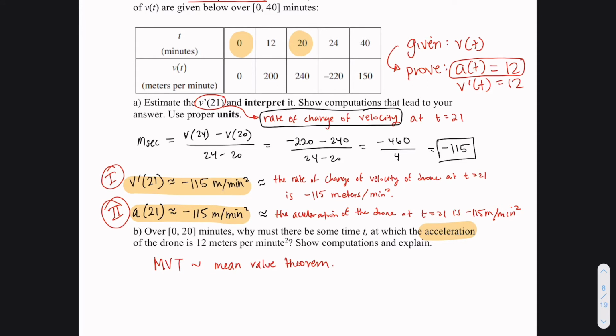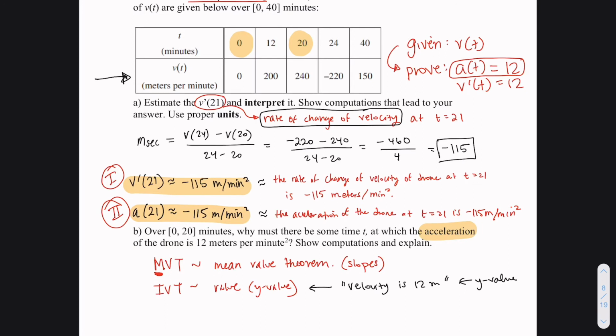So remember, MVT, because of the M, that's how I remember it's slopes. Whereas the IVT deals with the value itself, like just the y value. So let me write down the example. If it had said, why must there be some time t where the velocity is 12 meters per minute, then I would realize they're giving me velocity, they're asking about velocity, so this is a y value problem, right?